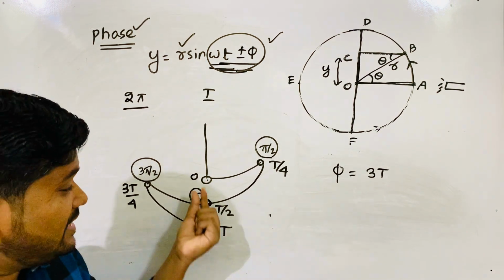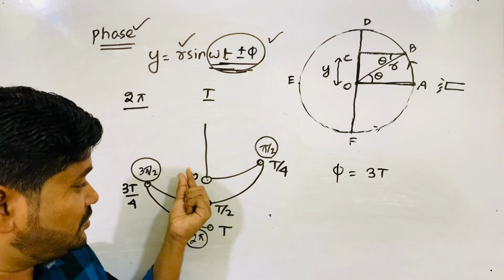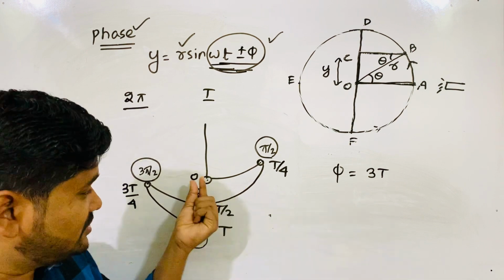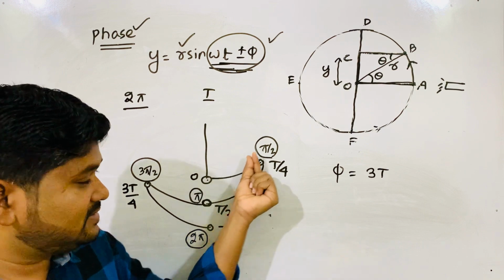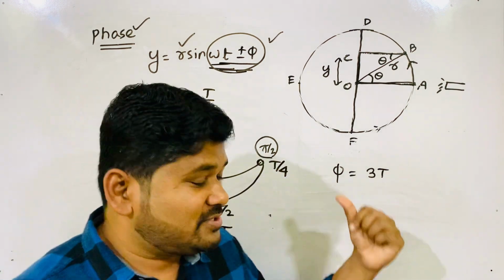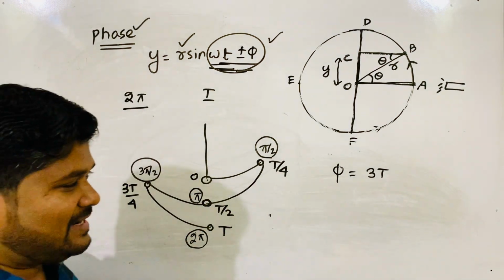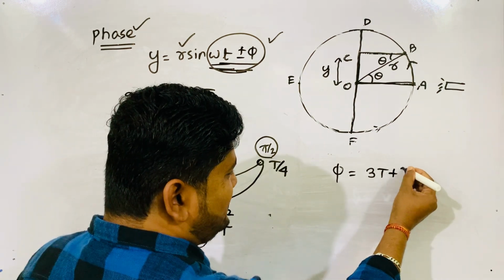Where will the body go? Initially, the person knows the direction of the initial motion, because that person has started this motion. So initially this direction. The body will go this way. Suppose you say, no sir, you are just telling 3T, tell some fraction amount. Suppose I tell the phase is equal to 3T plus T by 4.